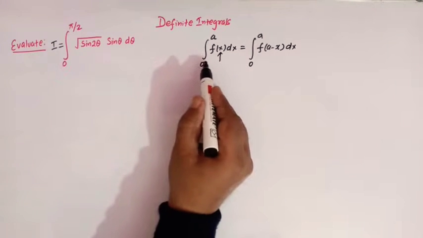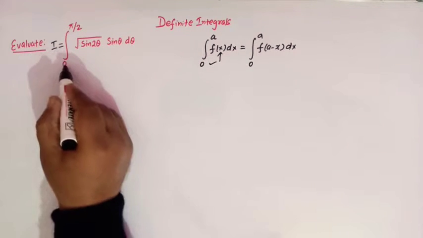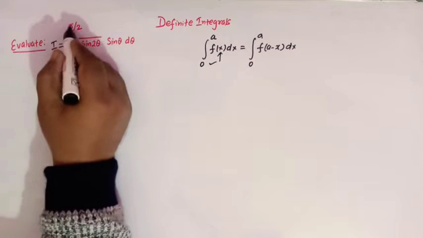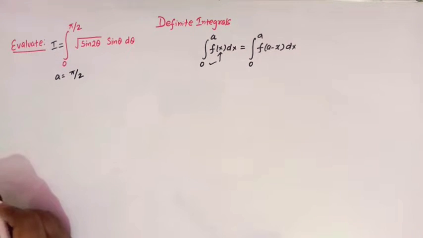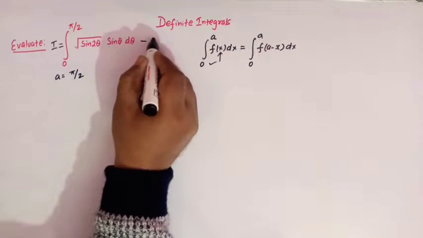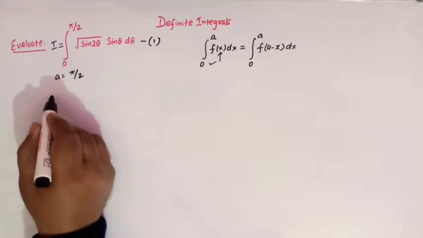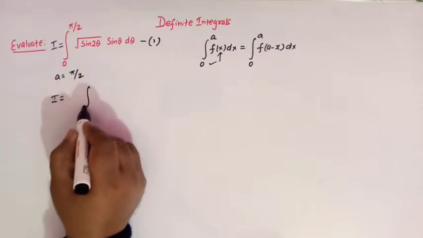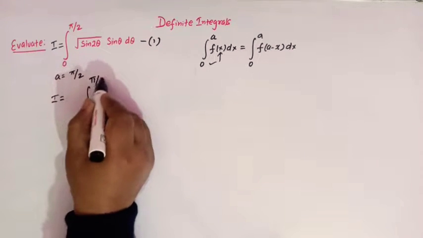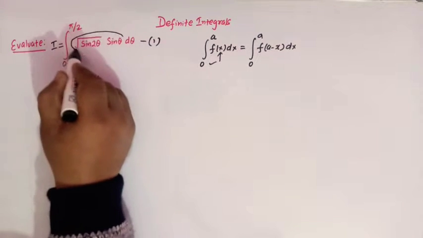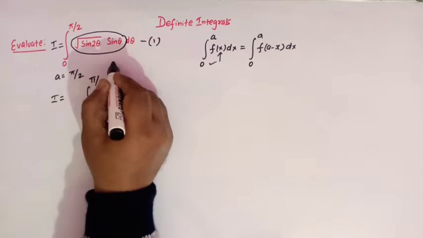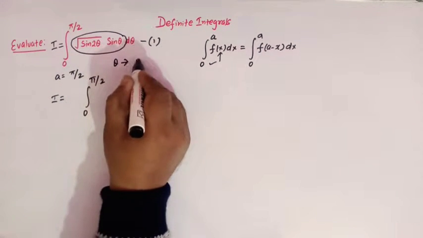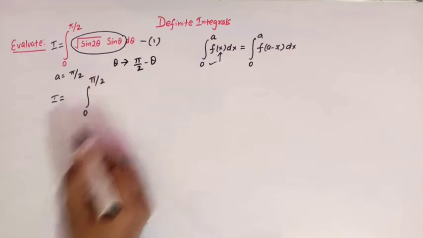If we compare this integral with this one, we see that the value of a is pi by 2. So now this integral I can be written as 0 to pi by 2, and in the integrand we will replace theta by pi by 2 minus theta.